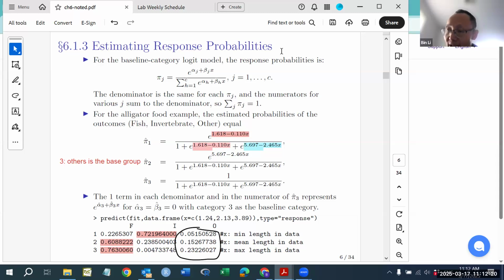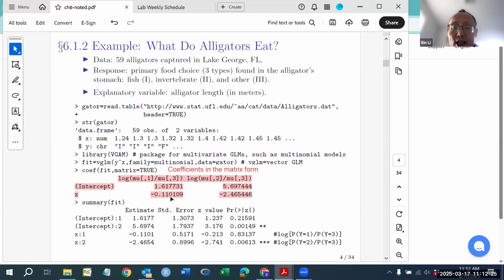But we can still do the goodness of fit test if we can categorize the X into just a few groups. Suppose we can categorize the length of the alligator into three groups: small size, medium size, or large size. Then that becomes a grouped data format. So that's one way we can change the continuous predictors to categorical.